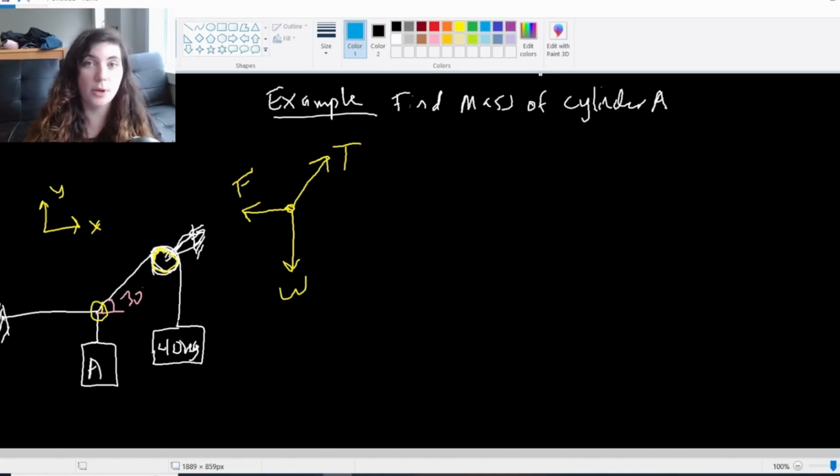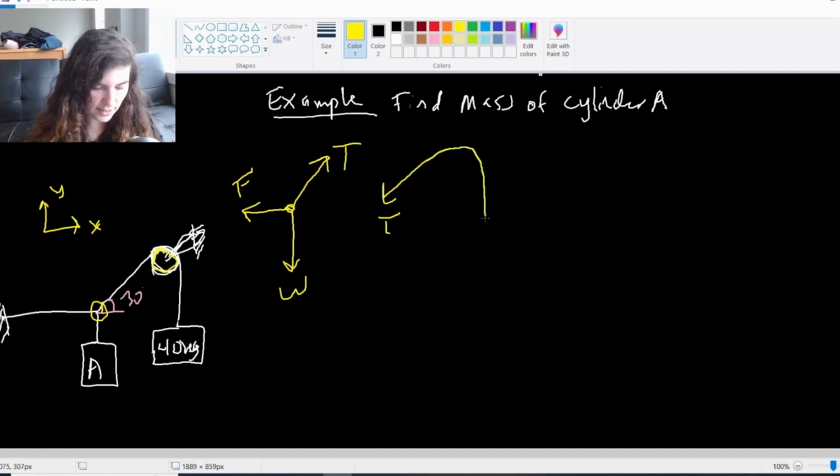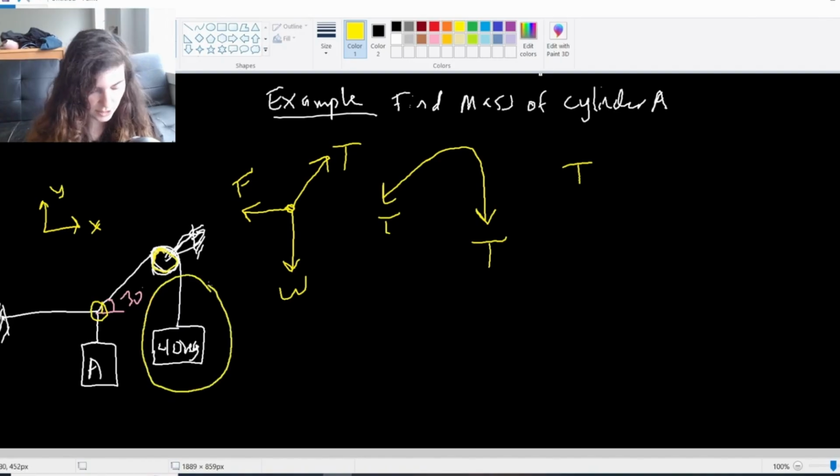But we have this pulley in there. And the magical thing about a pulley is that the tension coming off right here is going to be exactly the same as the tension coming down through the pulley, right? So what that's telling us is that our tension is actually going to be equal to the force that this side of the pulley is experiencing.